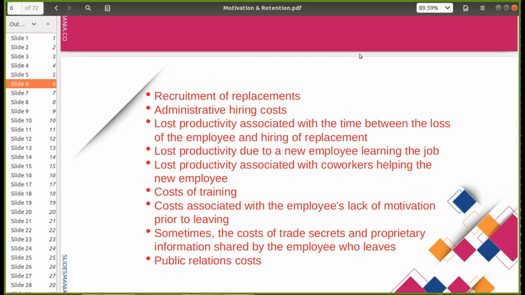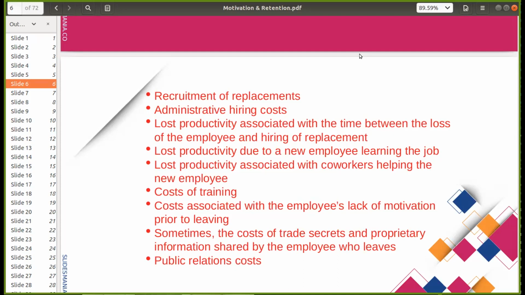Then cost of training. So ayan, na-discuss natin yan kung gaano kamahal din ang mag-train ng bagong empleyado. Cost associated with employees' lack of motivation prior to leaving dahil nga hindi na siya motivated at wala na siyang gana, so hindi na siya nagiging productive, so naaapektuhan ng performance niya, naaapektuhan ng performance ng team at ng buong company.